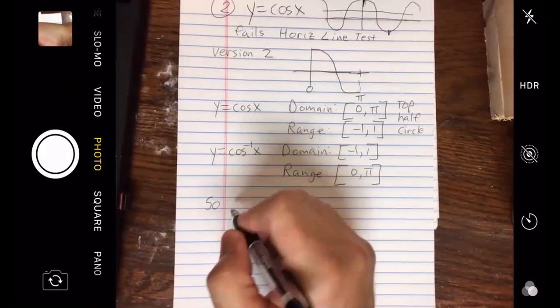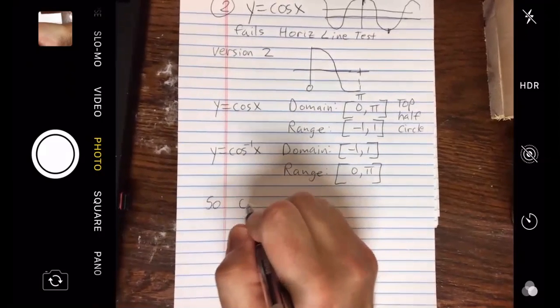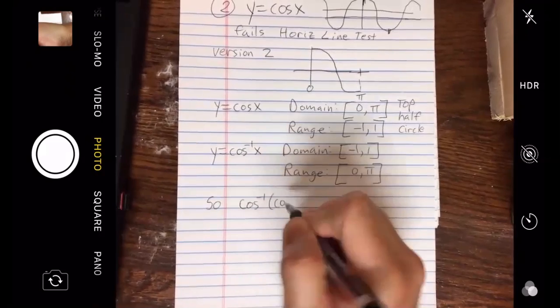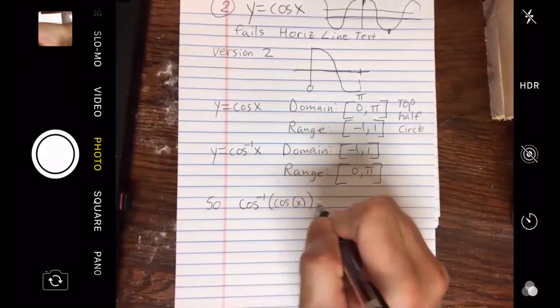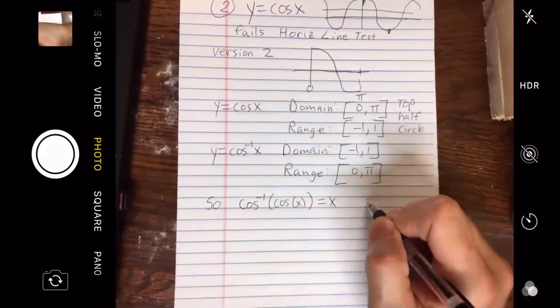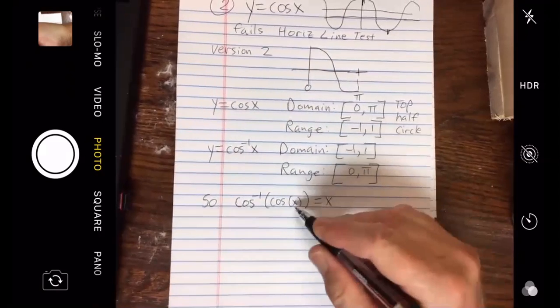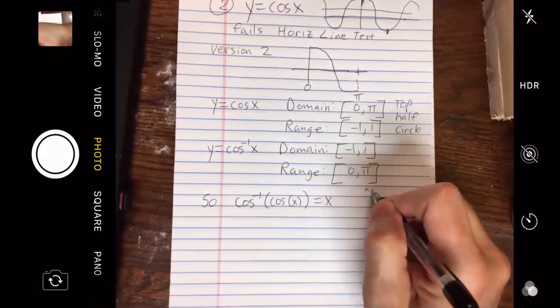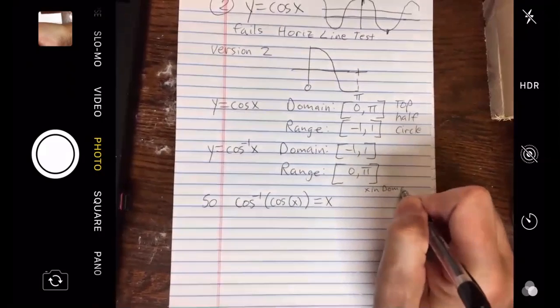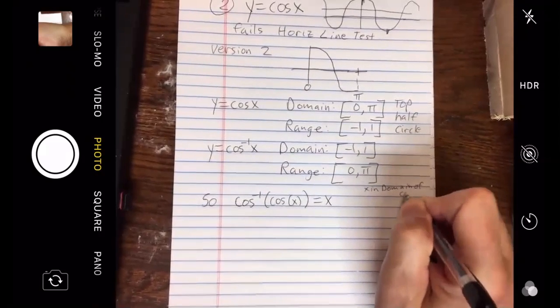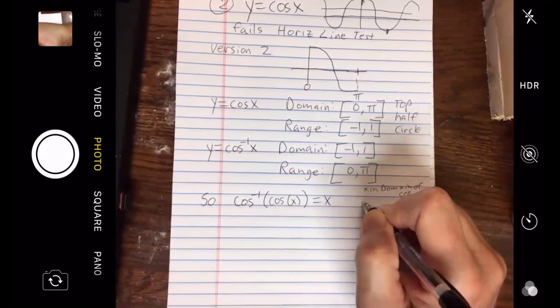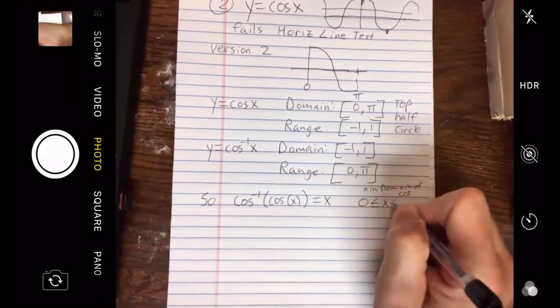So punch the keys in this order. Arc cosine of cosine x equals x, if x is in the domain of cosine, and that means 0 less than or equal to x less than or equal to pi.